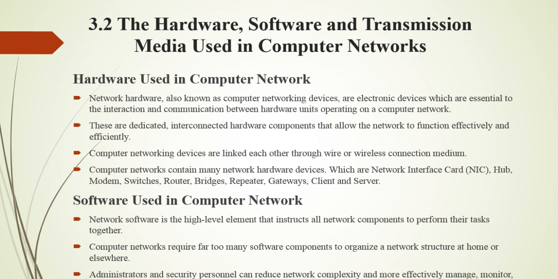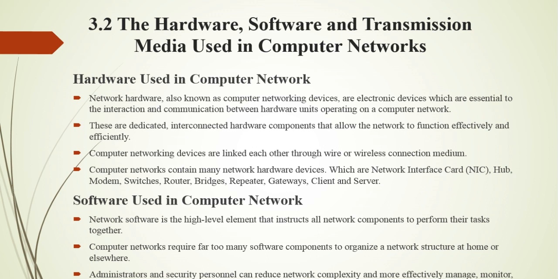These are dedicated, interconnected hardware components that allow the network to function effectively and efficiently. Computer networking devices are linked to each other through wire or wireless connection medium. Computer networks contain many network hardware devices which are network interface card, hub, modem, switches, router, bridges, repeater, gateways, client, and server.